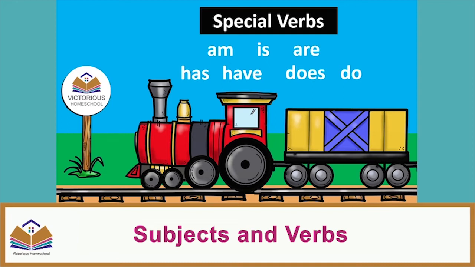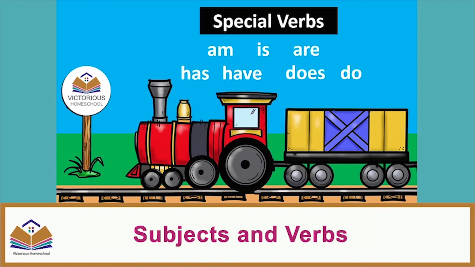So am is usually used when you have a statement like, say, I am. So your subject is I. It usually goes with am. Say, for example, you say, I am Jenny. That's your name. Or you say, I am a girl. Now, if you're referring to singular subjects, you can also use is.